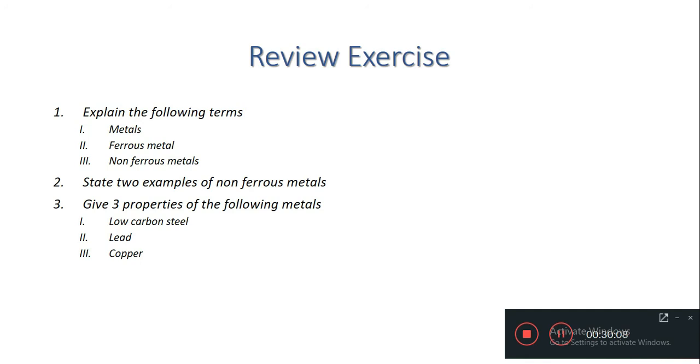State 2 examples of non-ferrous metals. Question 3. Give 3 properties of the following metals. 1. Low carbon steel. 2. Lead. 3. Copper. I'm sure these questions will prepare you and will also help you to solve any future exams that will come your way.